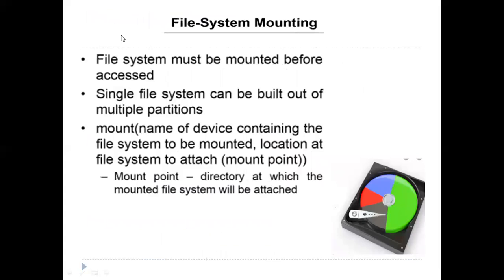Now let's talk about what is file mounting. Say for example, here I've just shown a single disk. In this example, the disk is divided into how many drives? You can say a C drive, D drive, E drive, and F drive.